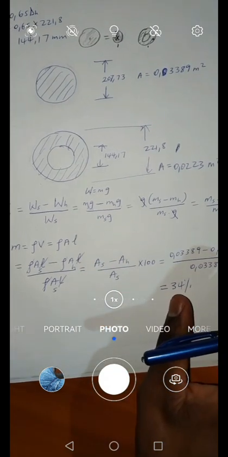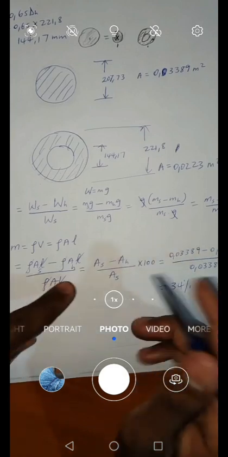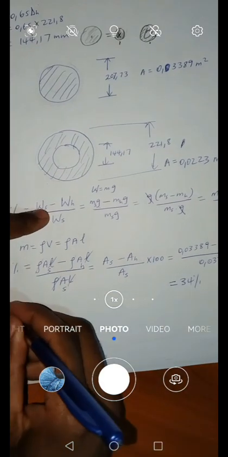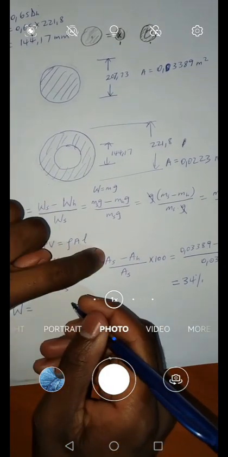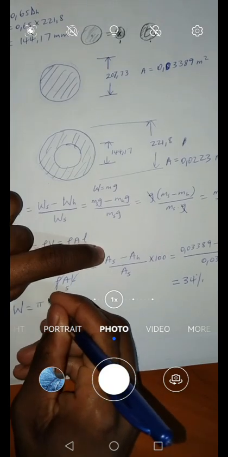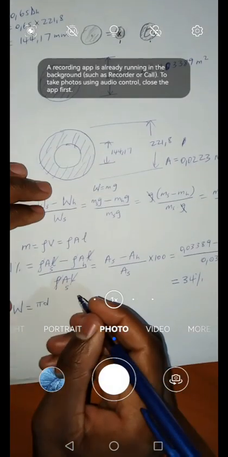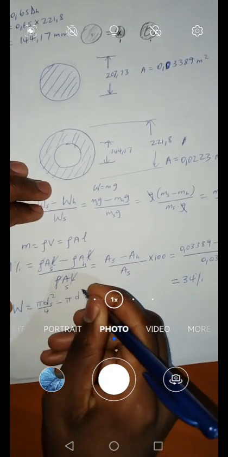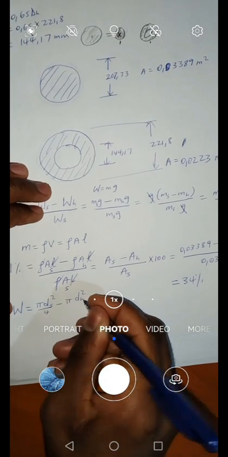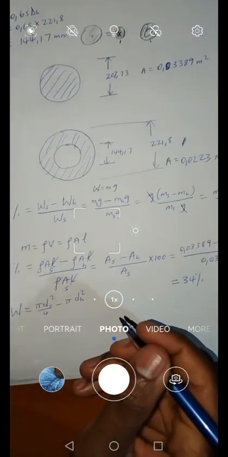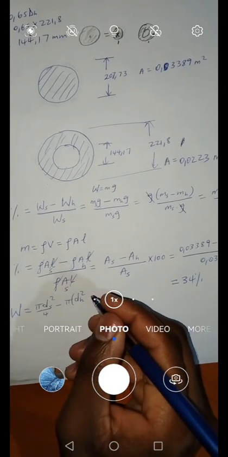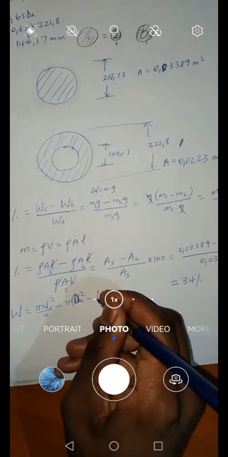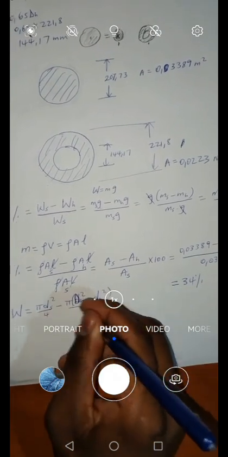But here, since we had the diameters, alternatively, before you come here, you can use the diameters. You can say the area for the solid shaft will be pi d squared solid over 4 minus pi d squared hollow. Remember, area for hollow will be capital D squared minus small d squared, these are the areas over 4.